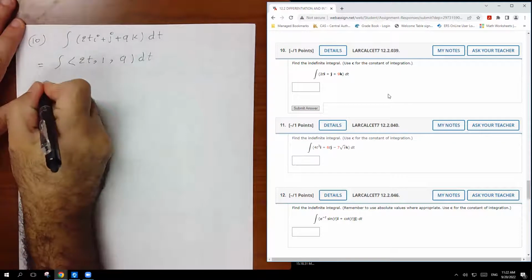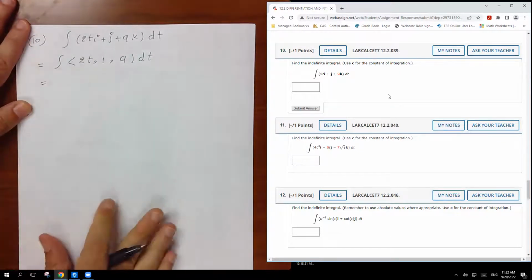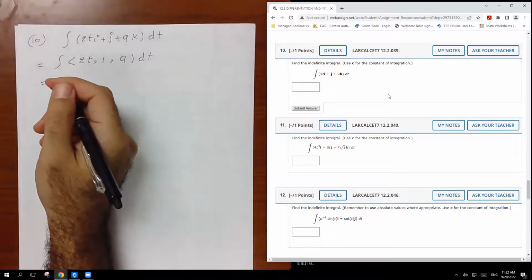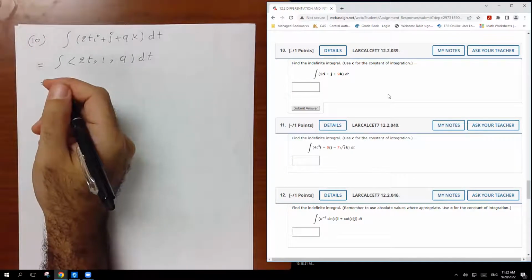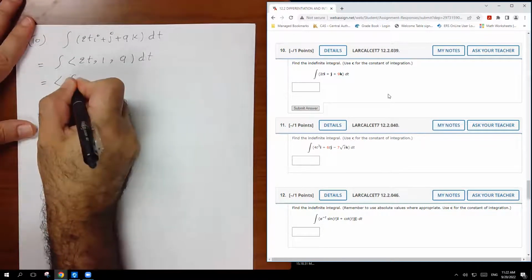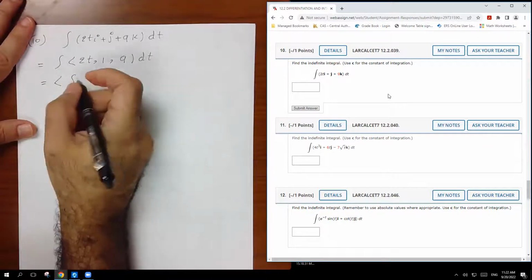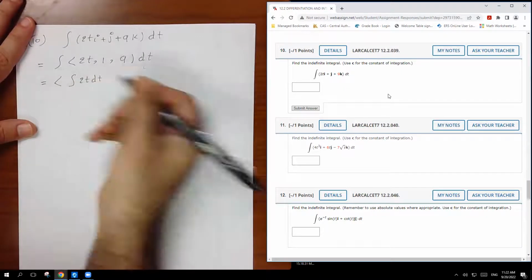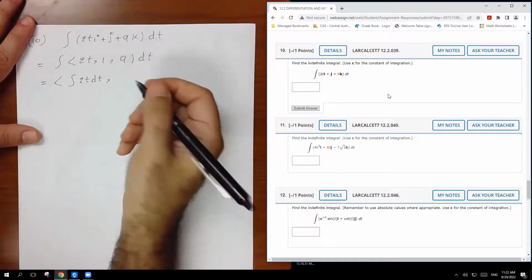Be careful here. That's really important even when you're plugging in on WebAssign, because every time you take an integral, we add a constant c. You don't have to write these steps, we just have to understand.